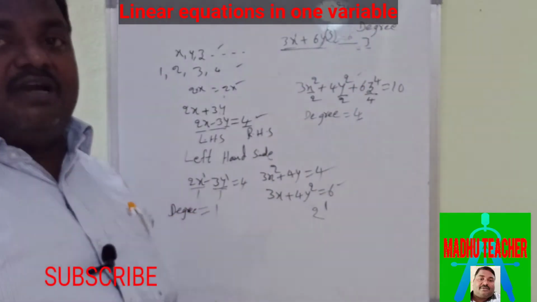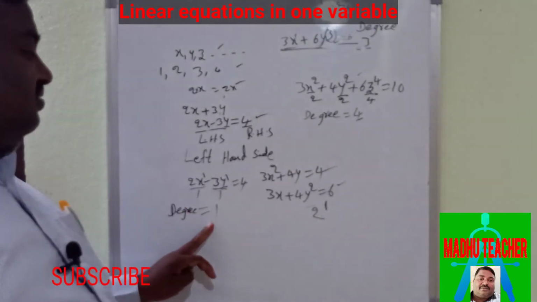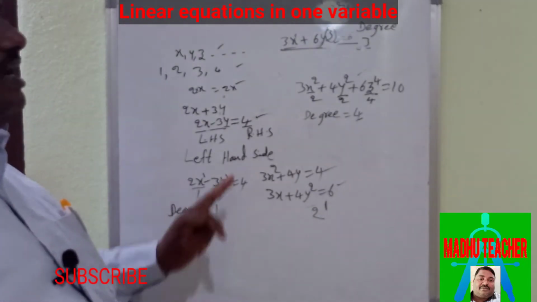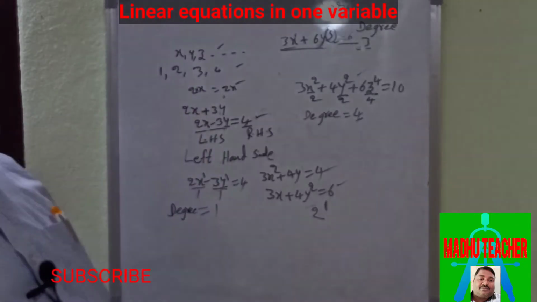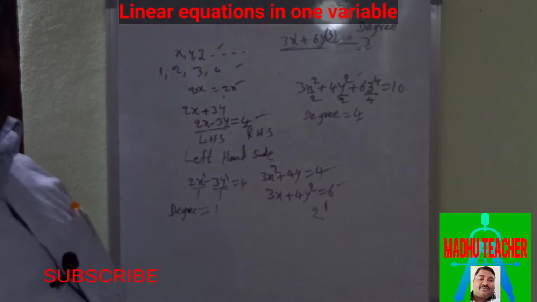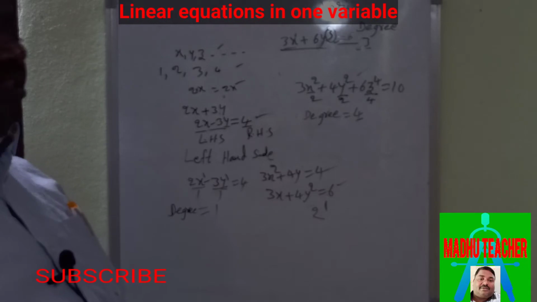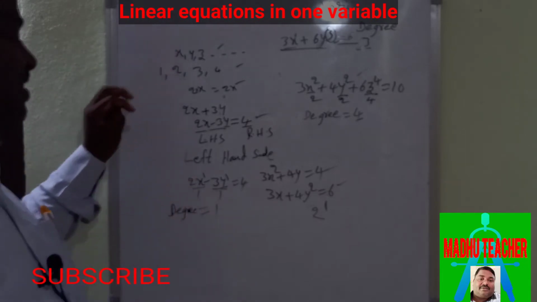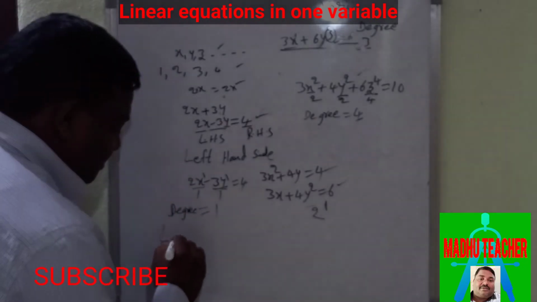If the degree of an equation is 1, then the equation is called a linear equation. This is a linear equation.